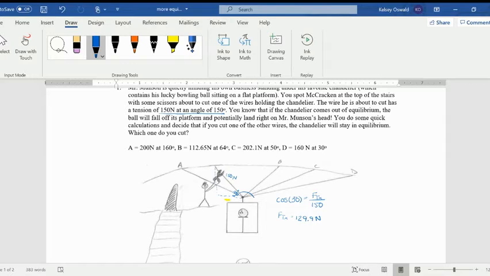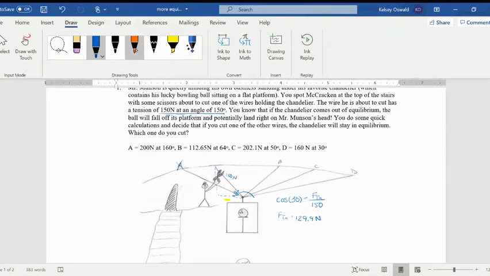We now want to get rid of 129.9 newtons to the right to even out our bowling ball. So we're not going to want to cut A, because if we cut A, now all of our forces are directed rightward and we're not in equilibrium. A component of 129.9 newtons to the right will balance out the one that we're cutting.